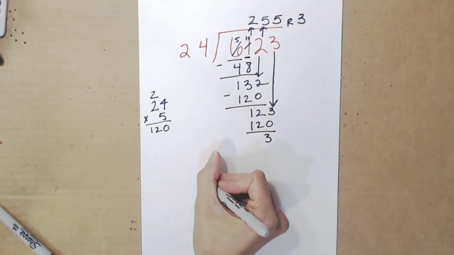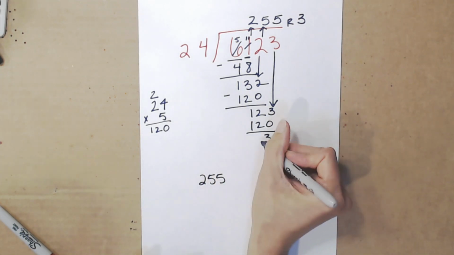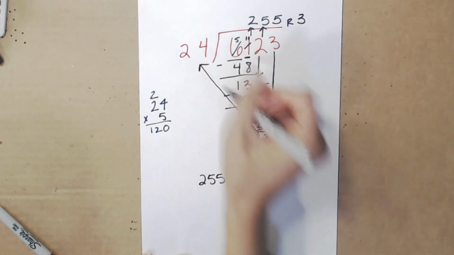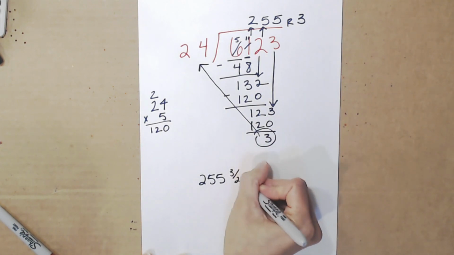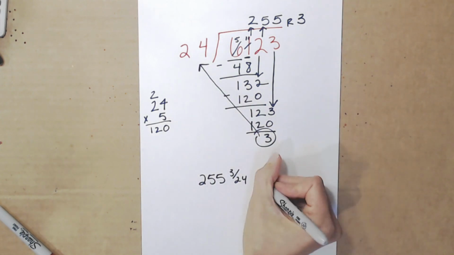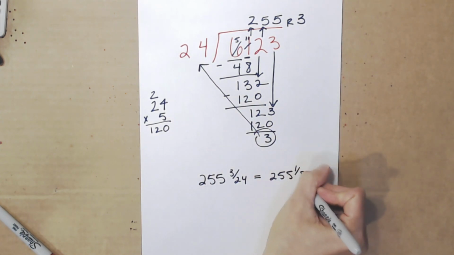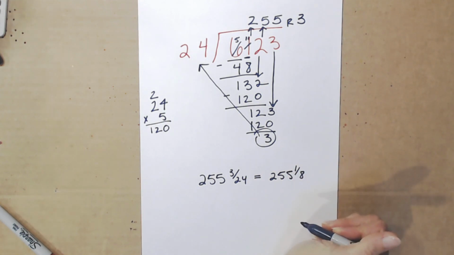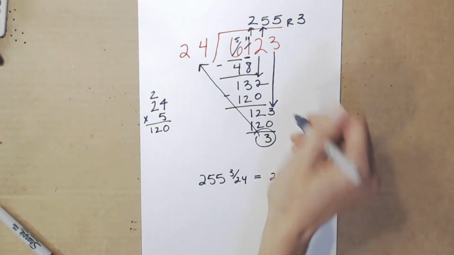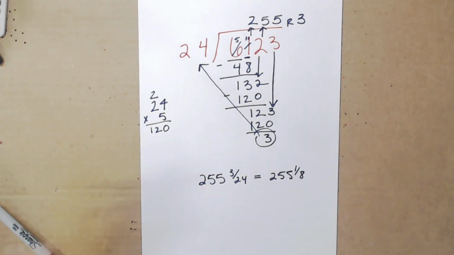Or if I want to be more precise, again, I can write that as a fraction. If I have 3 over 24 left over, I put the remainder over the divisor, and I can simplify that to 1/8. So if you haven't learned fractions yet, use this remainder for now. The answer would be 255, remainder 3.